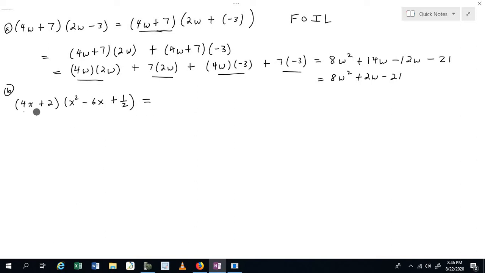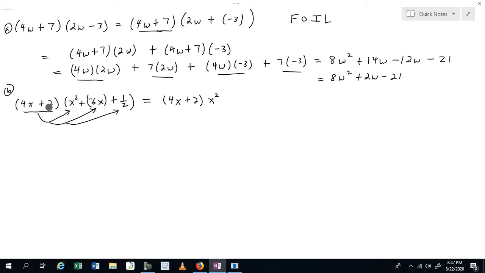Okay, so we're going to take the 4x plus 2 and we're going to distribute it to all 3 terms in this polynomial. Okay, so let's see what we get. 4x plus 2 times this first term, x squared. And again, I'm going to think of this as adding a negative 6x. It's just a little bit easier to think of it that way. That's the same as subtracting 6x. It doesn't matter how you write that.